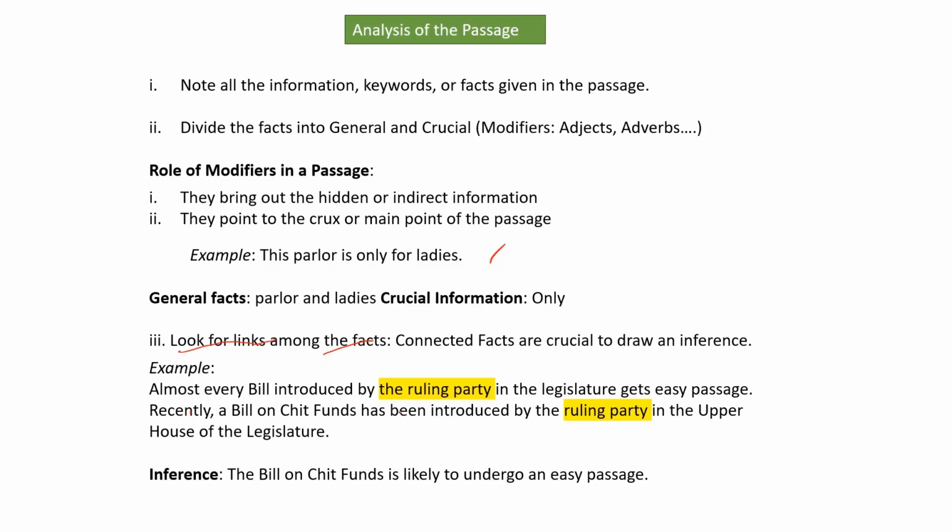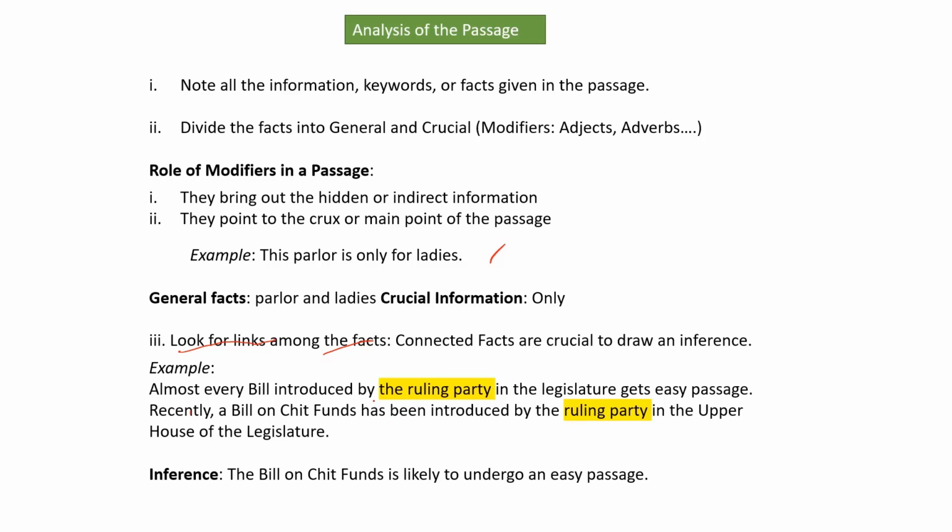Okay? So the way modifiers help you, adjectives, adverbs, and other descriptive phrases or descriptions, defining words, help you draw an inference. In the same way, the connected facts, if 2 keywords have a connection, then that connection or the connected keywords will help you draw a conclusion or draw an inference.